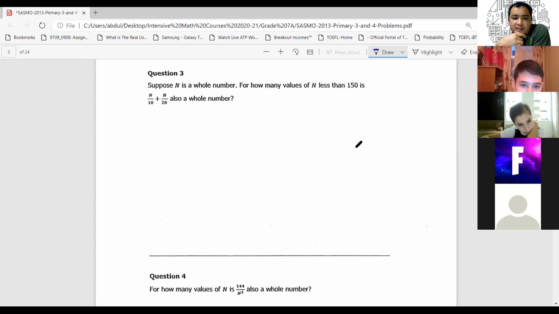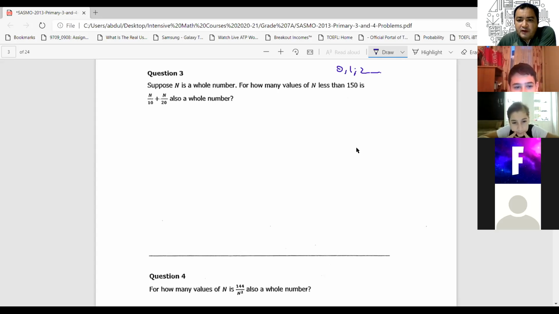Question 3. Suppose n is a whole number. For how many values of n less than 150 is n over 10 plus n over 20 also a whole number? So n is a whole number, 0, 1, 2, and so on.